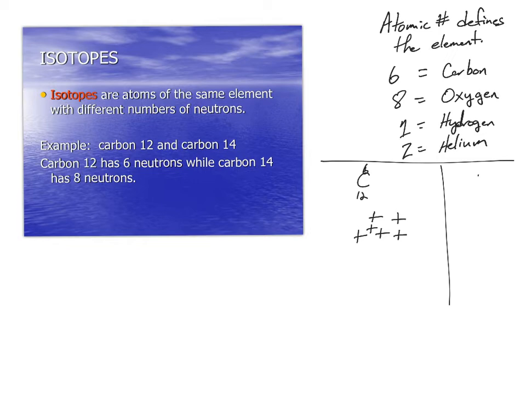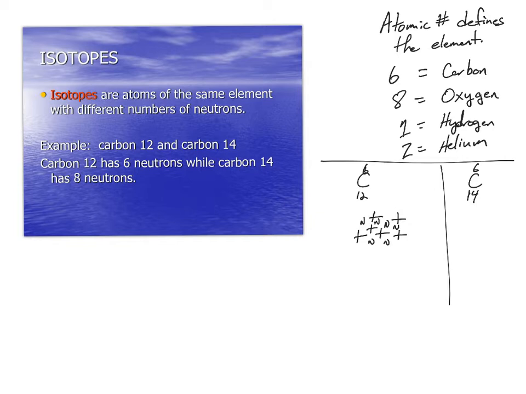But then you could also have carbon 14, and that goes back to isotopic decay, or carbon dating. It's called carbon dating. So here we can put N for neutron.